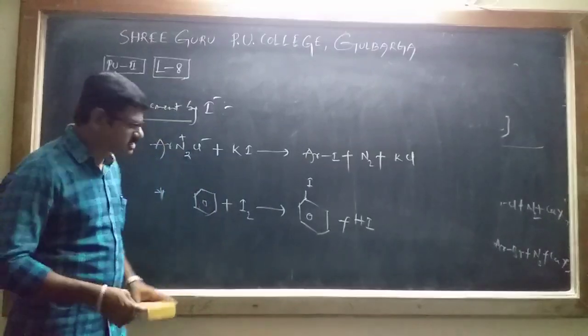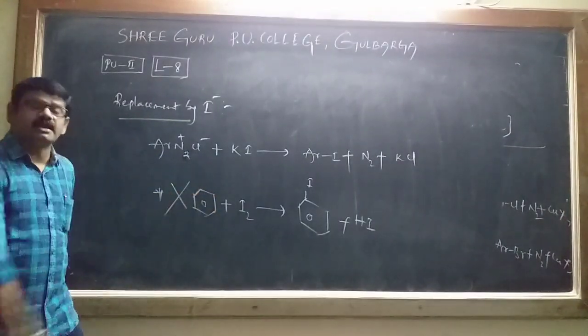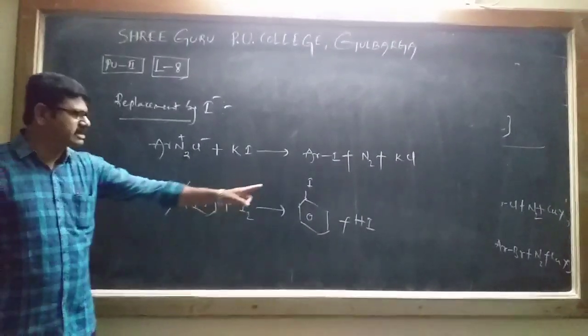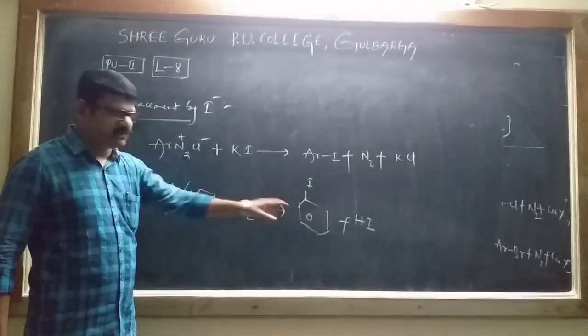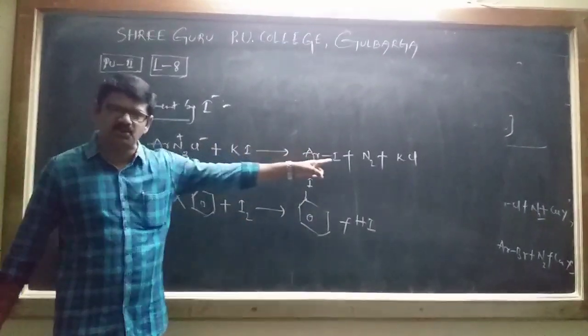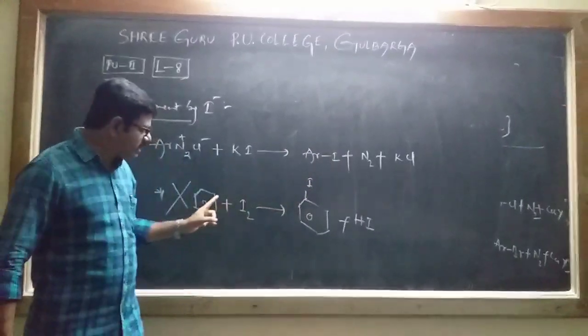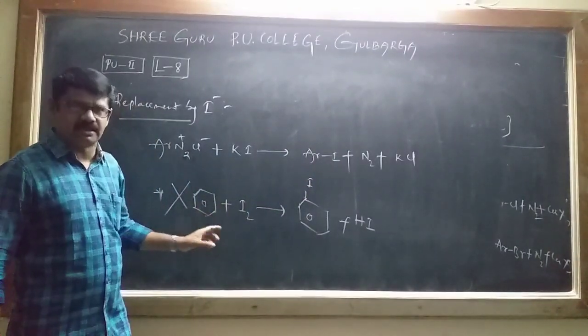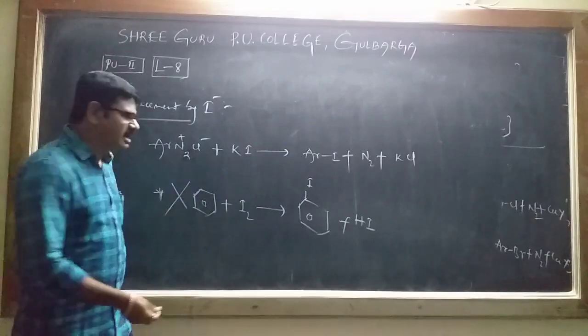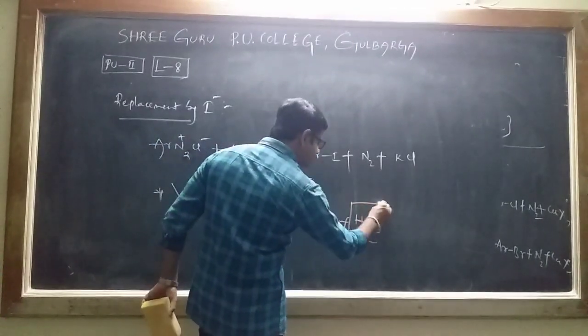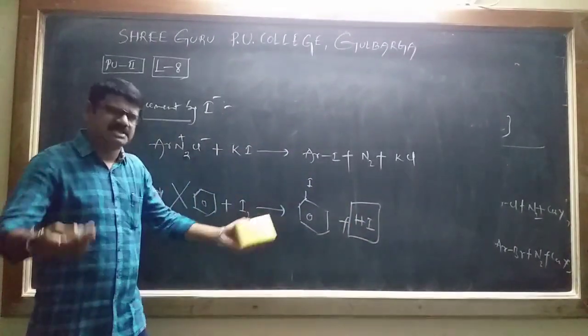But we do not prefer the direct reaction to get iodobenzene. We prefer the diazonium reaction to get iodobenzene. Why we are not preferring this reaction is the important point. Because here one of the products we are getting is hydrogen iodide. What is the problem?